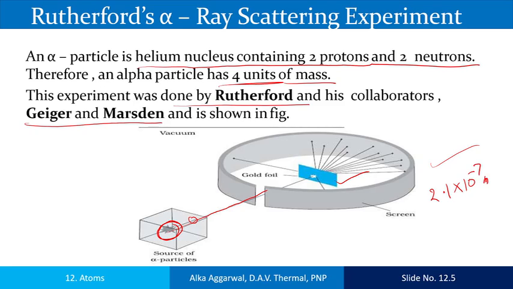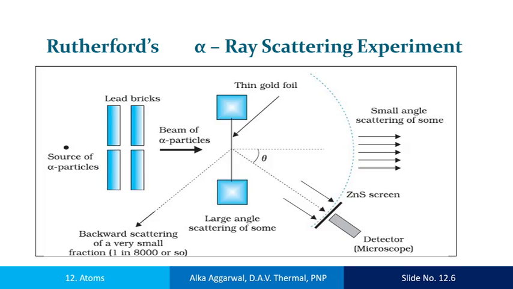The alpha particles are scattered in different directions and observed through a rotatable detector consisting of a zinc sulfide screen and a microscope. This one is the side view of the same experimental setup. It is the source of the alpha particles.